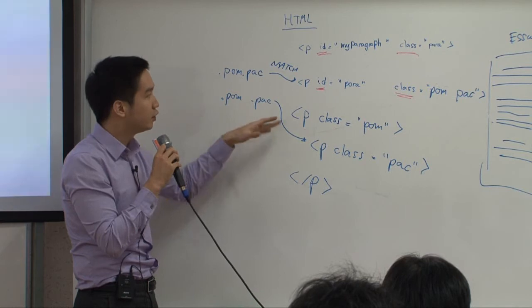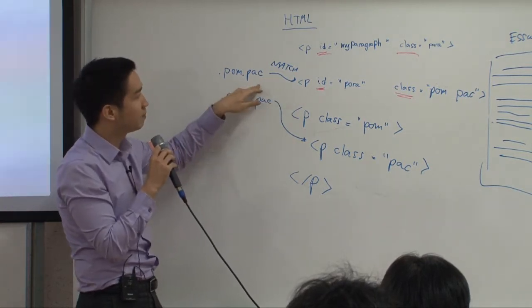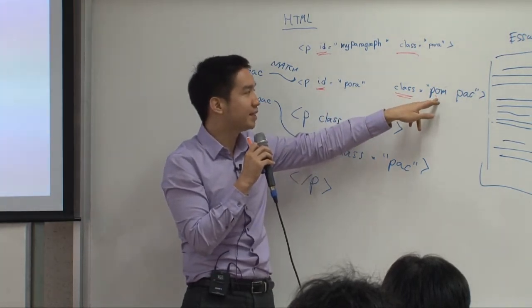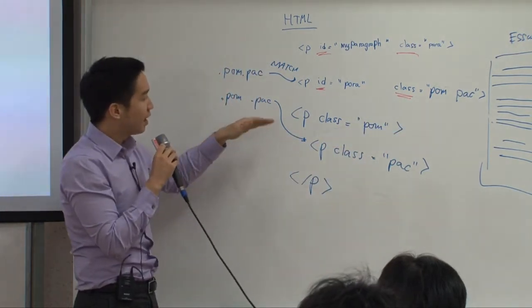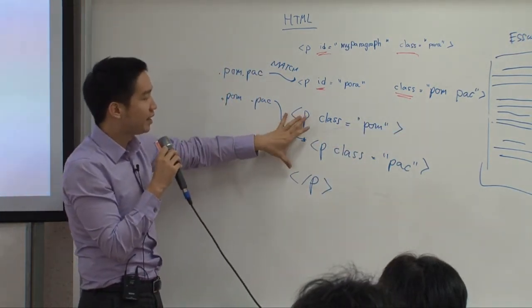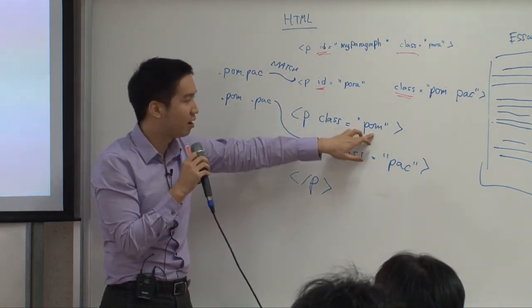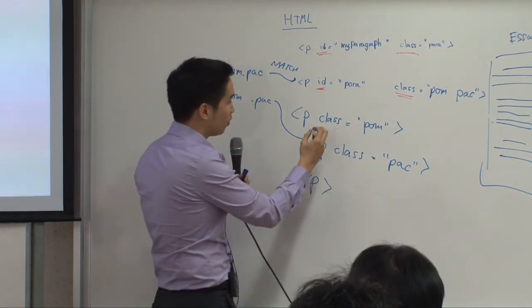Is that clear? Do you see the difference between this one and this one? This one, .pom.pack, is simply whatever DOM elements contain classes of both POM and pack. Whereas this one is any DOM element that resides within another DOM element whose class is POM and that contains pack.